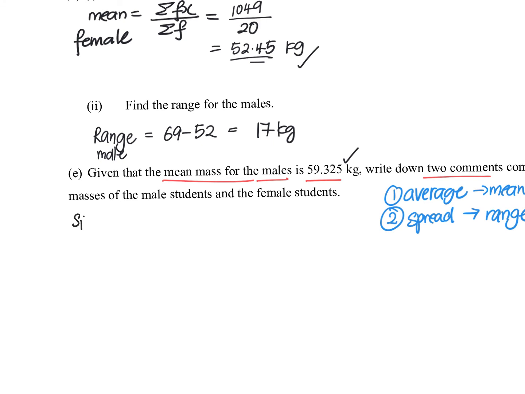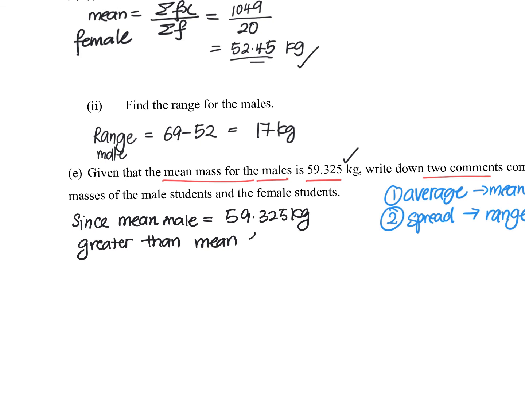So I'll say since the mean mass for male is 59.325 kg, greater than the mean for my female, which is 52.45 kg.